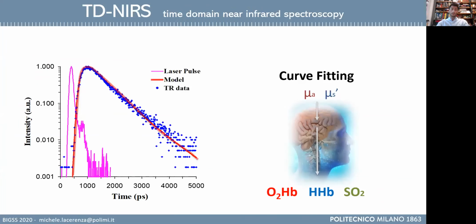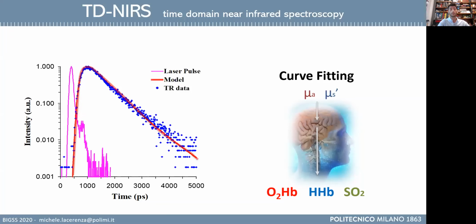Talking about time domain NIRS, this is a technique that uses pulsed near infrared light, which is injected inside the tissue with pulses that are very short in time, hundreds of picoseconds.